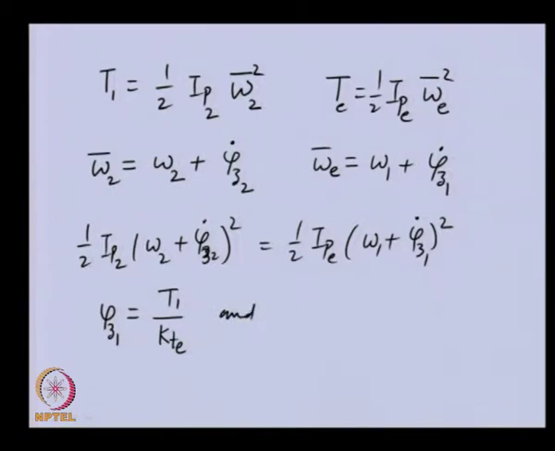And for the second system, the actual system, T2 divided by KT2, and using the gear ratio we can write this in terms of T1 and KT2. So, these displacements we can substitute in these expressions.